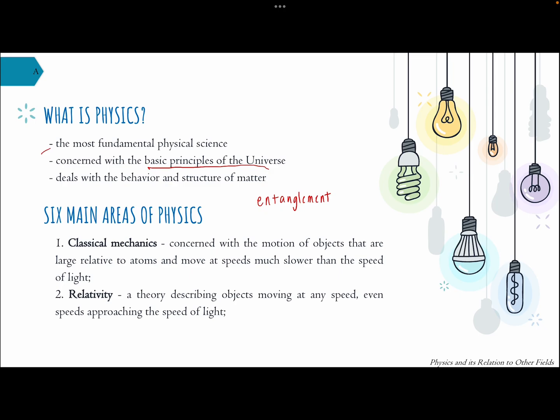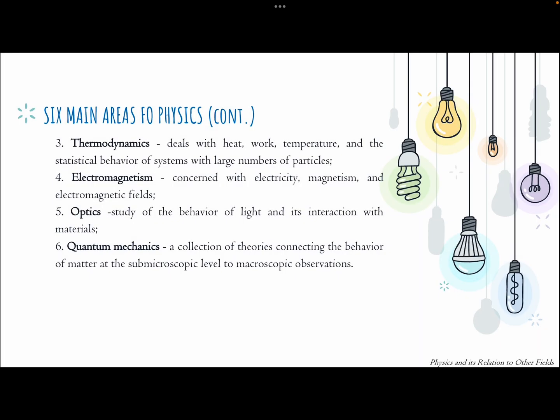There are 6 main areas of physics. We have classical mechanics. Number 2, we have relativity. Dito famous si Albert Einstein, who is the greatest and most influential physicist of all time for developing the theory of relativity. Number 3, we have thermodynamics.